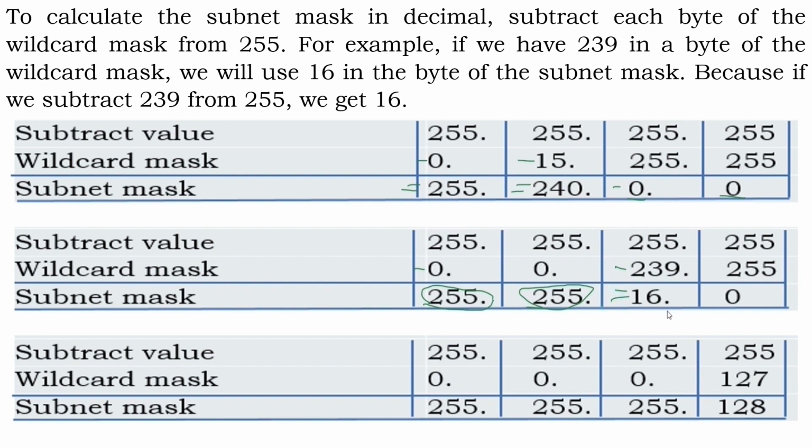Therefore, we will write 16 in this byte. 255 minus 255 equals 0. 255 minus 0 equals 255. Hence, we will write 255 here. Here. And here. If we subtract 127 from 255, we get 128. So, we will write 128 here.